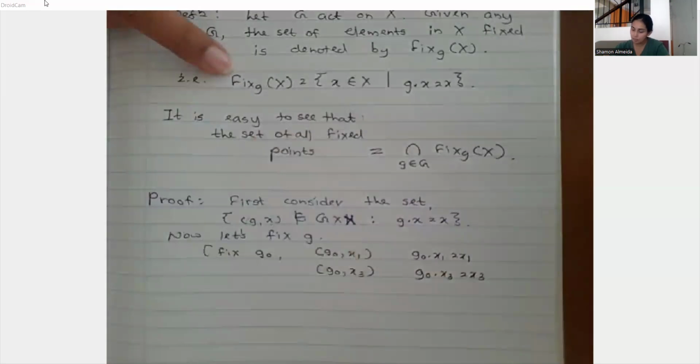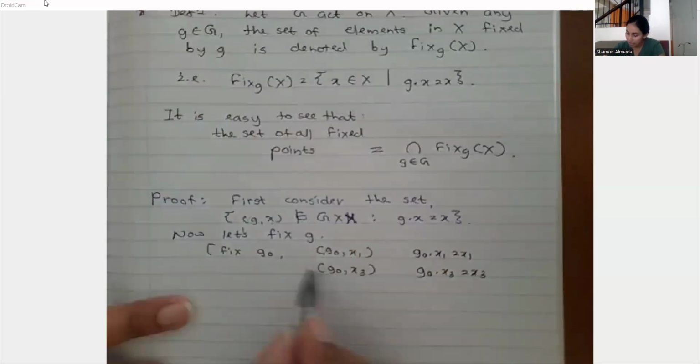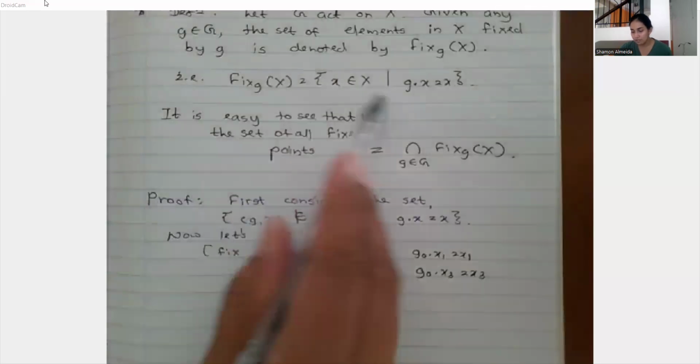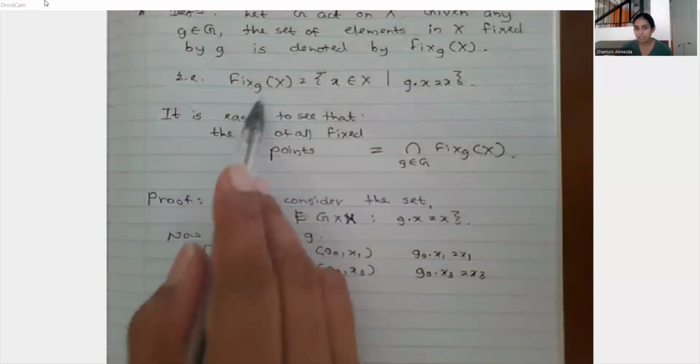This is when you fix g, because in each pair, the first component will not change. The second component, however, will be changed if the second component or these elements are fixed by g₀, right? If they are fixed by g₀, these elements will also belong in this set where g is simply replaced by g₀.